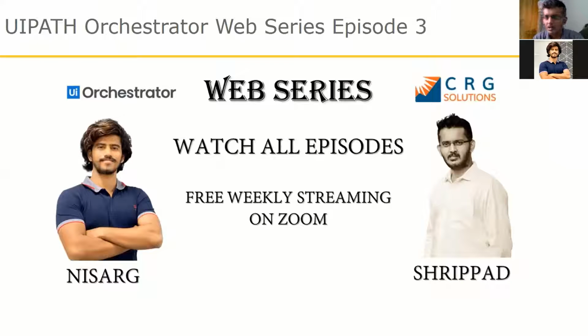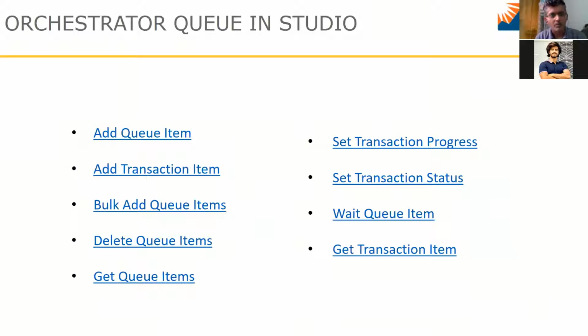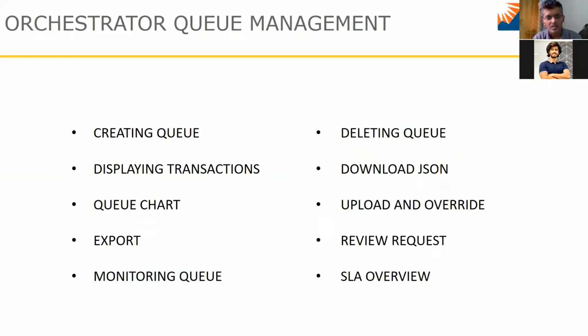Today we will continue towards the orchestrator session, wherein we left off with certain components with regards to queues. We covered these activities: add queue item, transaction item, bulk add queue items, delete queue items, and so on and so forth in the activity space.